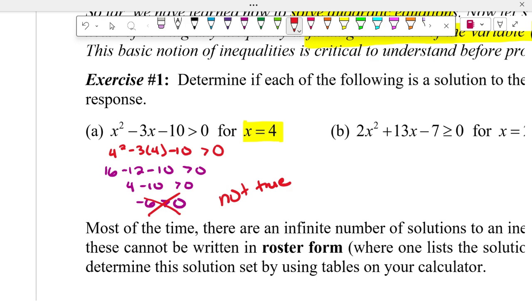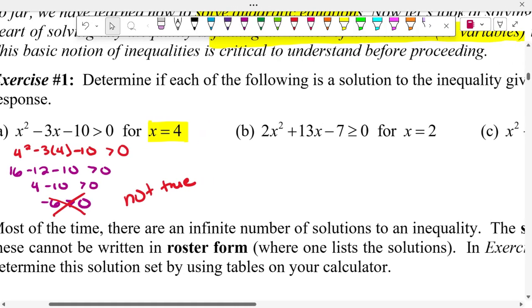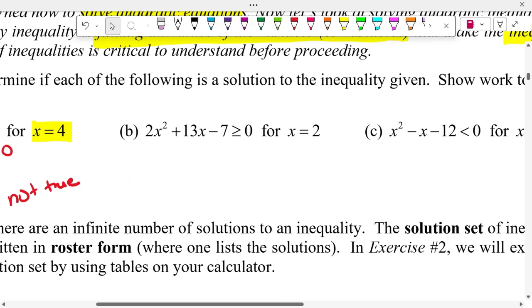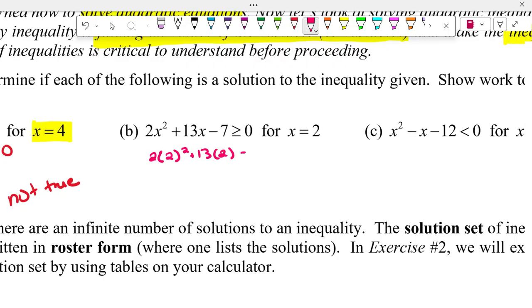So x equals 4 would not be part of what we call the solution set if we solve that quadratic. All right, x equals 2. We're going to plug that into this function. So I have 2 times 2 squared plus 13 times 2 minus 7, and we want it to be greater than or equal to 0. What's 2 squared times 2? 8. 13 times 2 is 26.